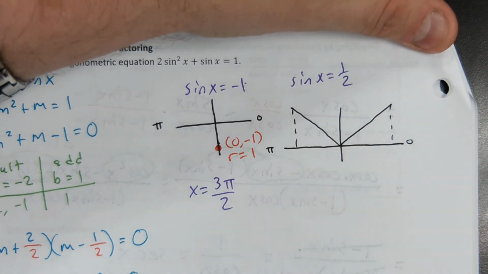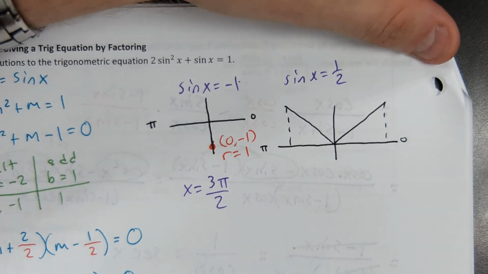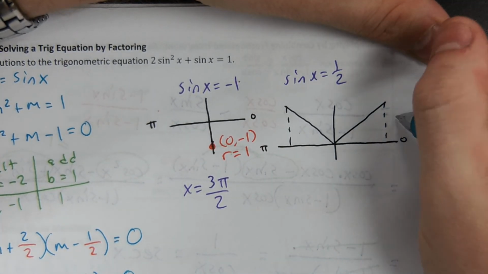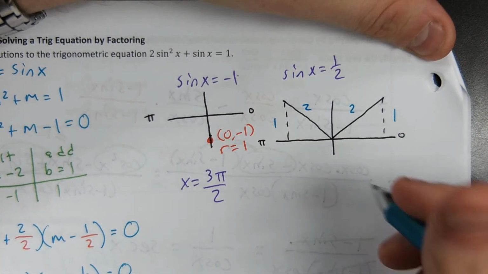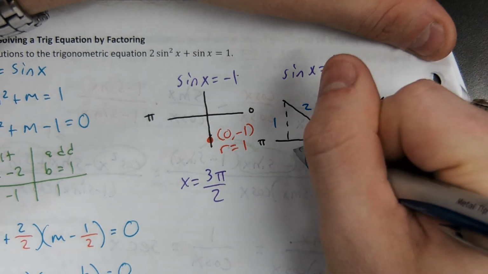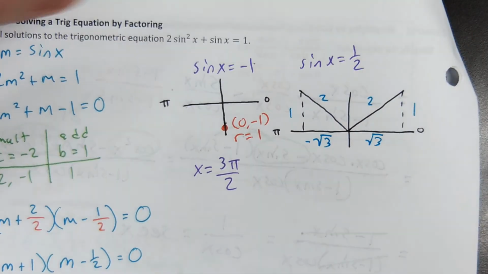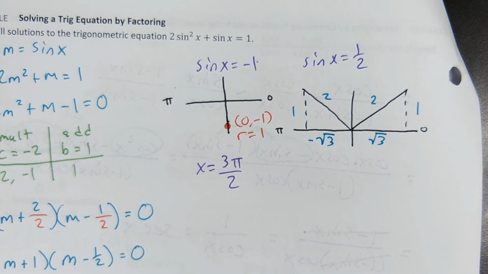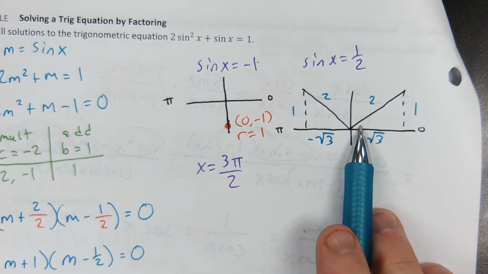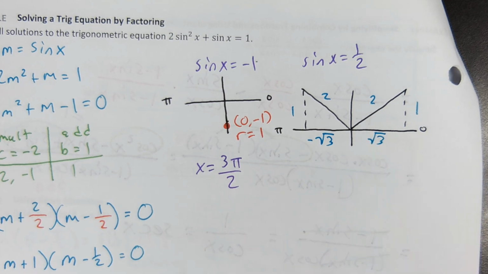In order for sine to be 1/2, I need my y over r to be 1 over 2, which would force this to be a root 3 and this to be a negative root 3. And I am dealing with a special right triangle. What size reference angle can be found across from a 1? 30 degrees.